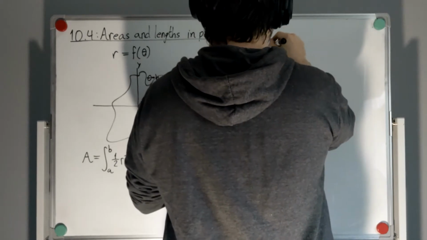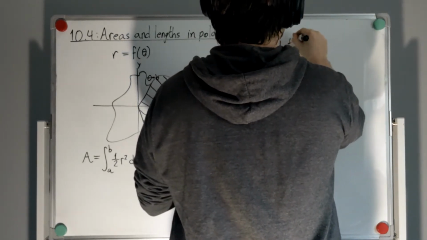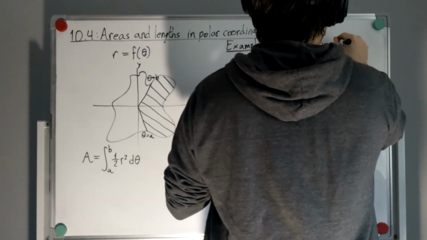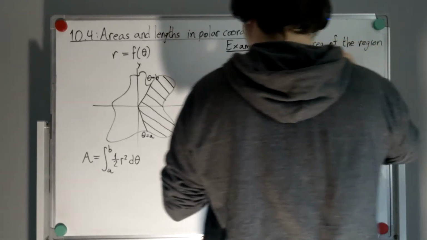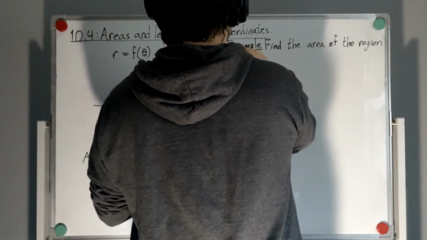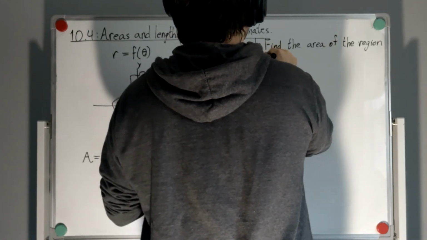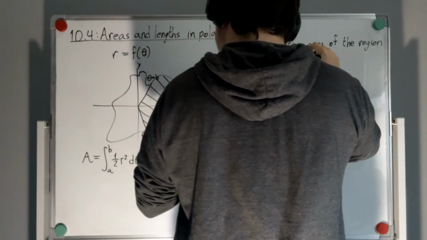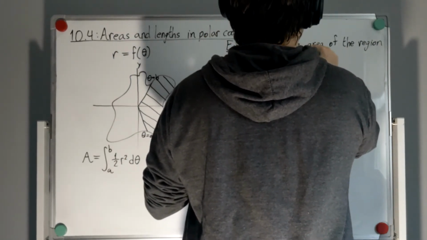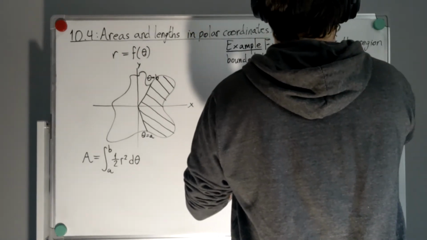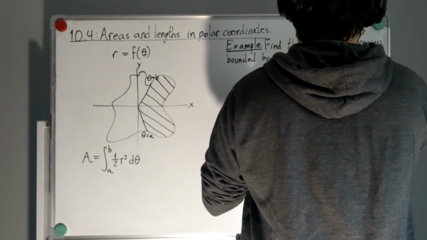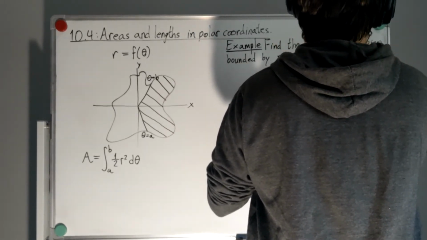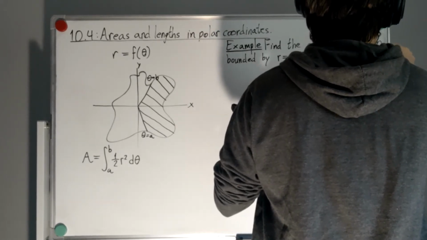So we want to find the area of the region bounded by r equals cosine theta and the rays theta equals 0 and theta equals pi over 6.